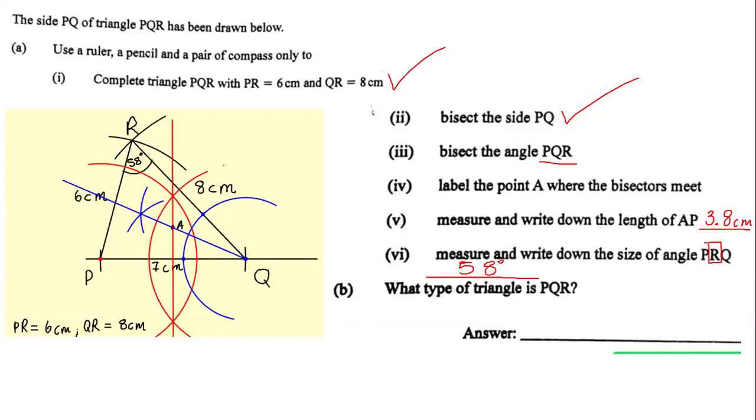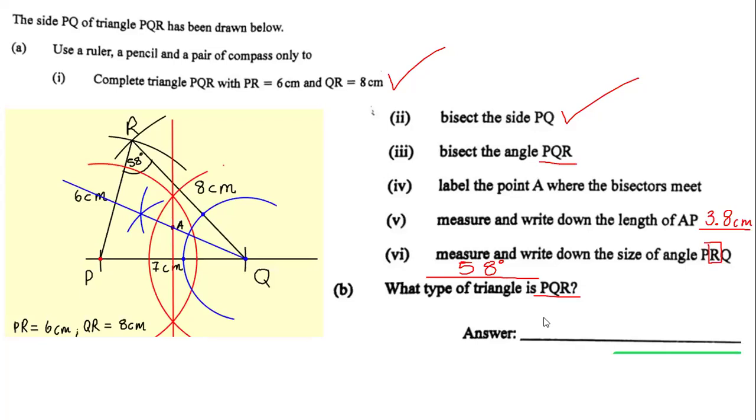And finally, what type of triangle is PQR? Scalene. Oh, I would have said isosceles. Isosceles, scalene. Anyone else? Yeah, three different measurements. What type of triangle is this?